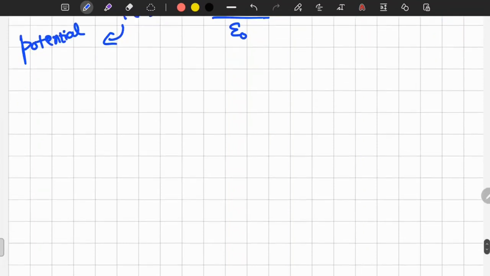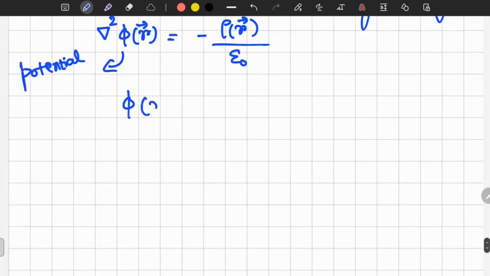So we know this solution, right? This solution is phi(r) equals 1 by 4 pi epsilon naught times the integral of rho over |r minus r prime|. This is the Coulomb potential.